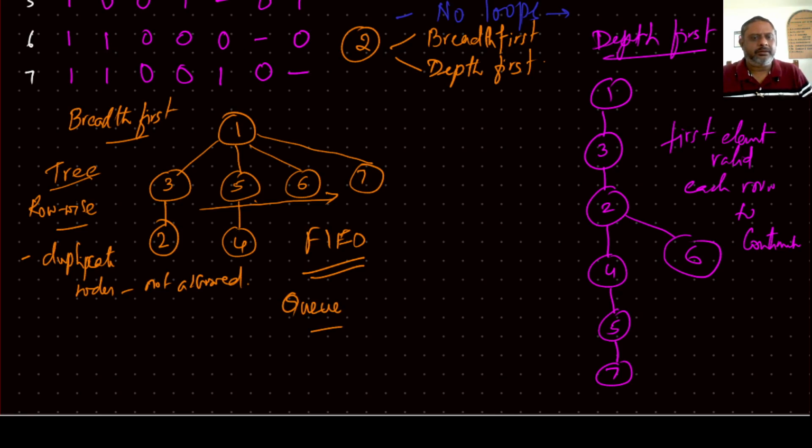Now on this side, we started with 1, then we went to 3, then to 2, then to 4, then to 5, then to 7. And when we found that from 7 we couldn't continue, then we came back and tried anything left from 5. Nothing was left from 5, therefore we came back and looked from 4, anything left, nothing was left. Then we came back to 2 and tried to see if anything was left.